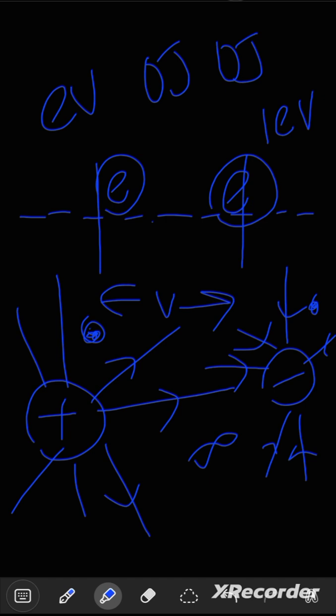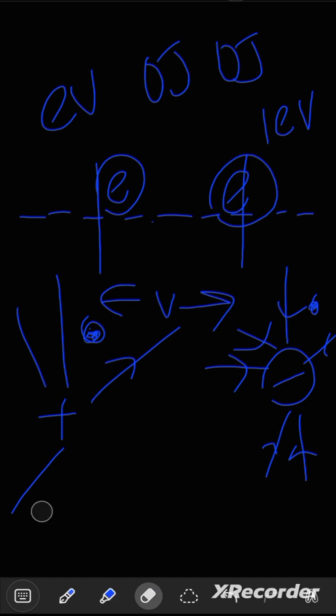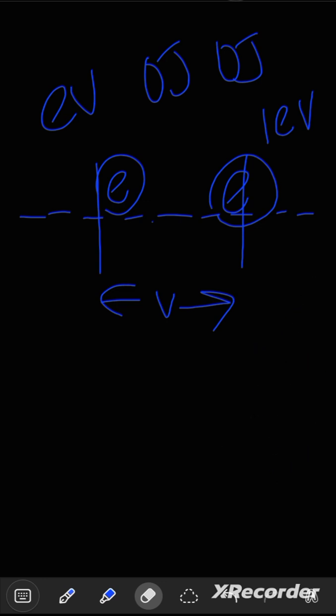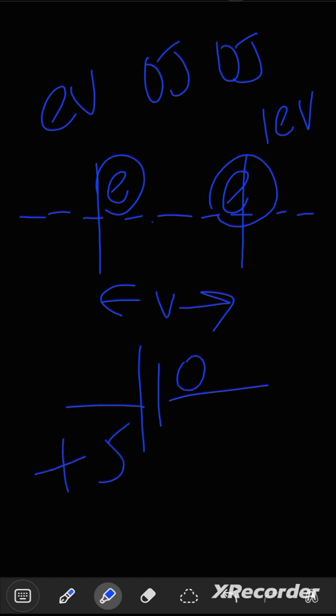But this is just a potential, right? Because what I defined electron volt as was a potential difference. And what does a potential difference mean? The easiest example you can think of is a cell. This can be 0, this can be positive 5 or something, but this is not exclusive, because this does not necessarily have to be 0, and this does not necessarily have to be positive 5.